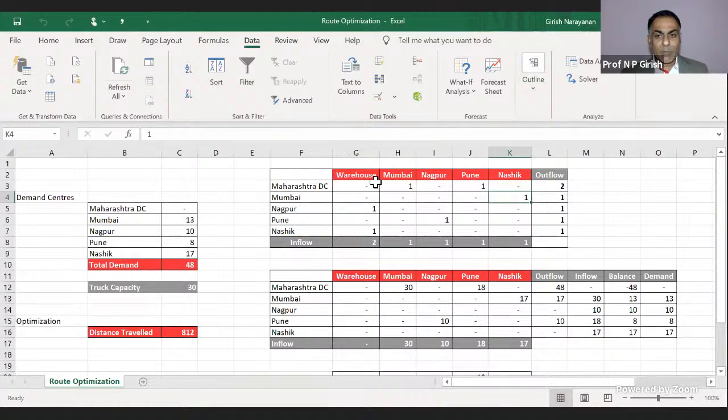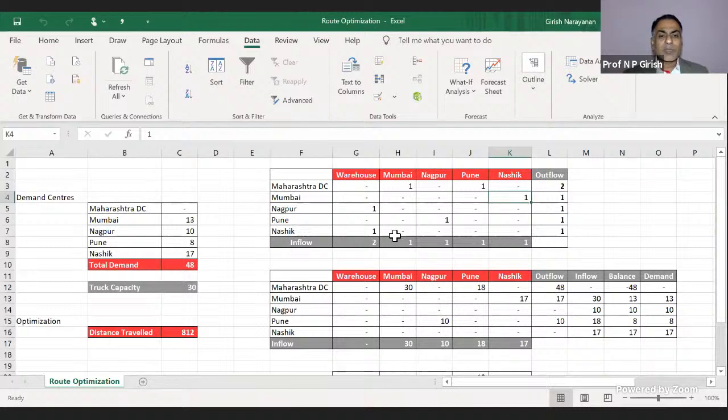And Maharashtra DC, Pune, Pune to Nagpur, Nagpur to DC. Those are the two trucks. And don't worry about these things. It's only really for the purpose of calculation.